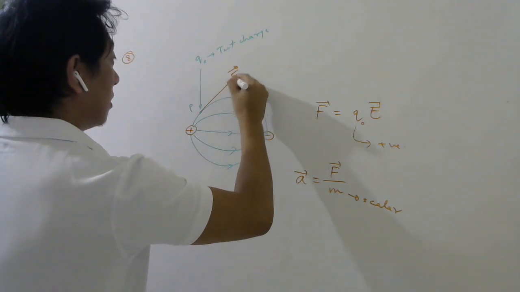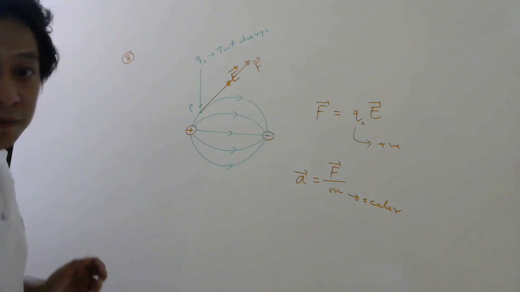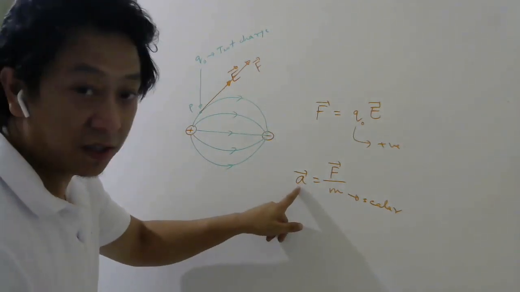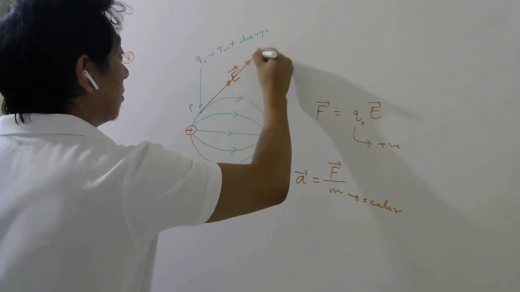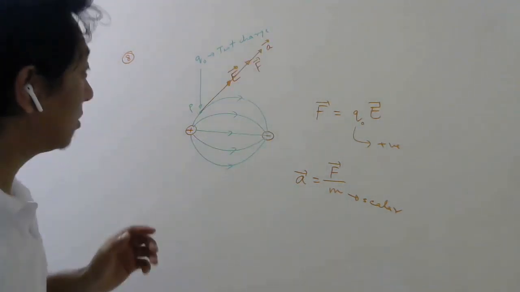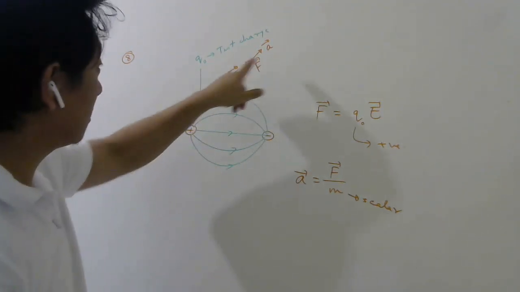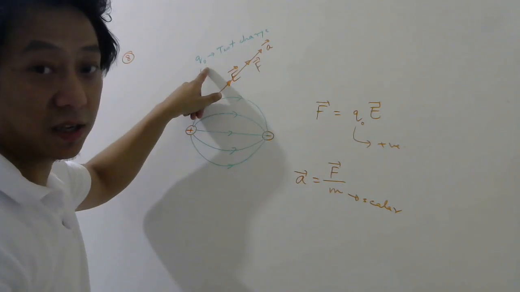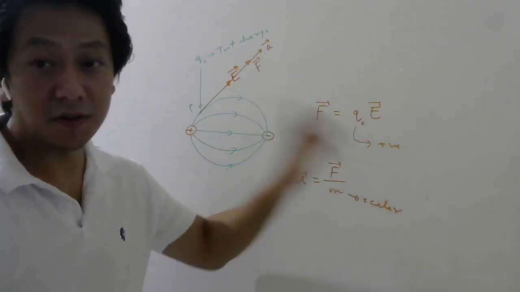So here your force will be in the same direction, and acceleration is always in the direction of force. So acceleration will also be in this direction. So which option matches with this solution? And what is the solution? Acceleration of the test charge will be along this tangent, provided the test charge is positive.